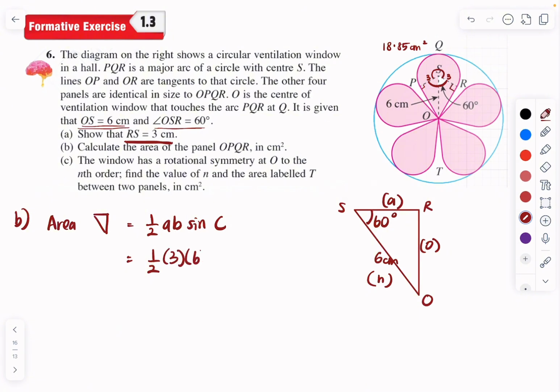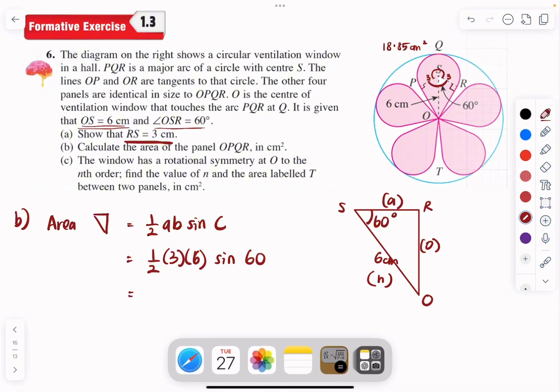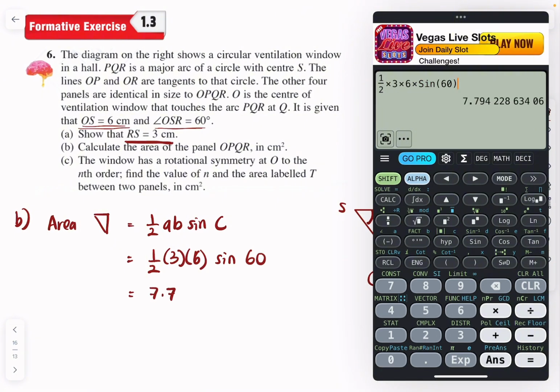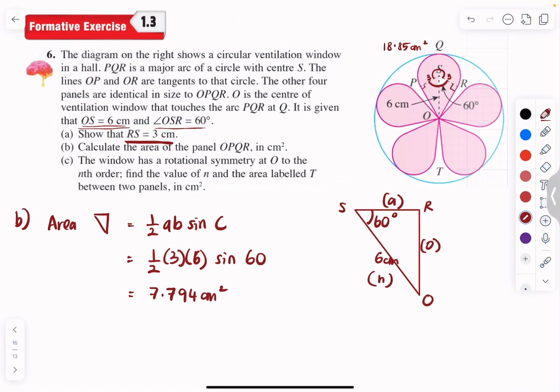B is 6 cm. If this is AB, this will be angle C. So sine 60. One over 2 times 3 times 6 times sine 60 is 7.794. This is the area of one triangle.